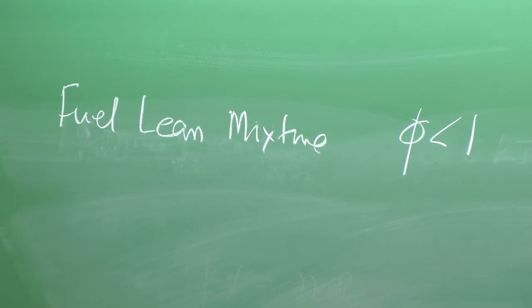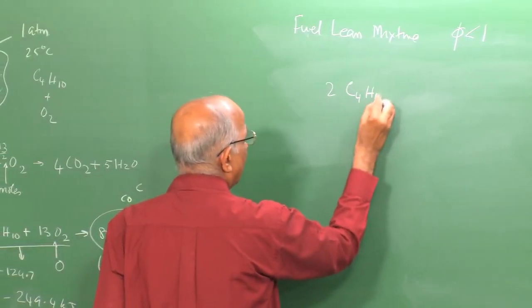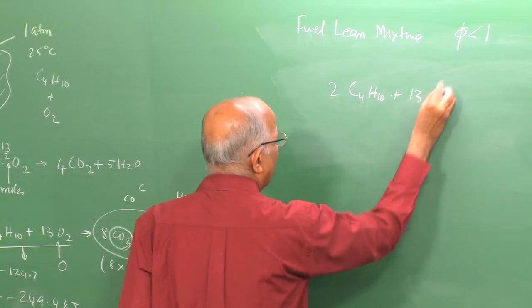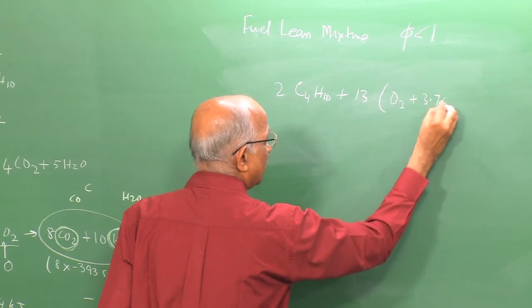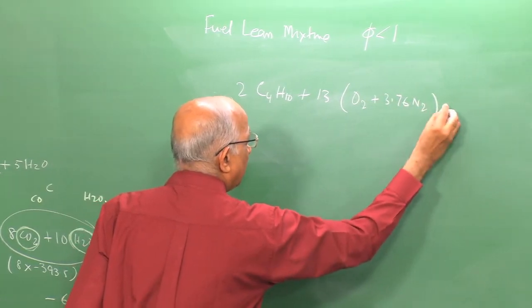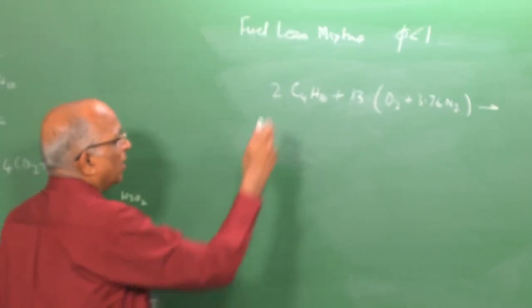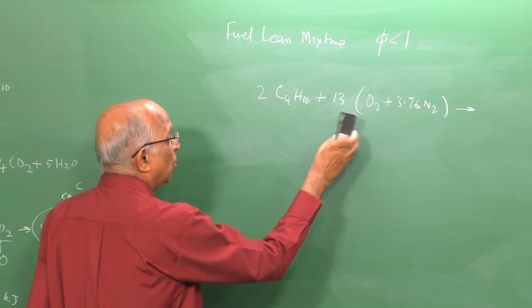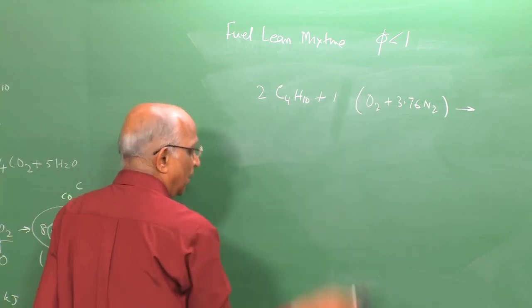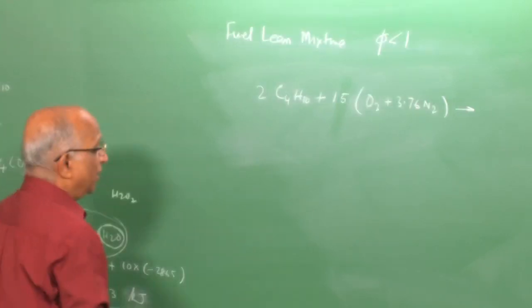Instead of having this particular reaction wherein I had 2 C4H10 plus 13 O2 plus 3.76 nitrogen giving me products, I need to calculate the products. Since it is lean, let us presume that the amount of oxygen I have is higher. Let us assume that I have something like 15 O2.